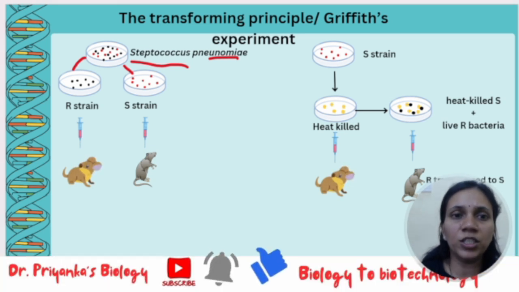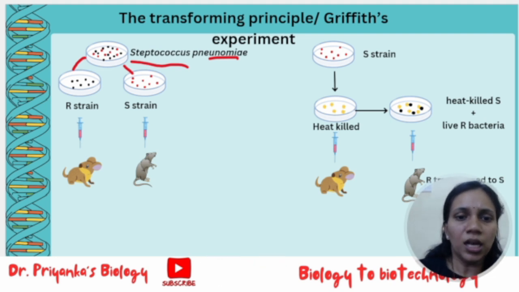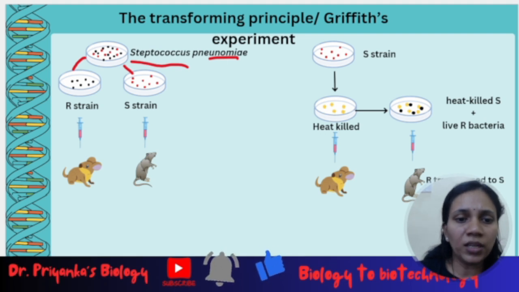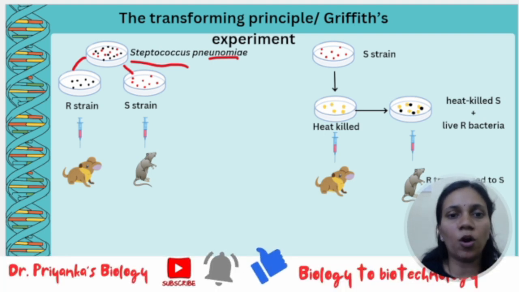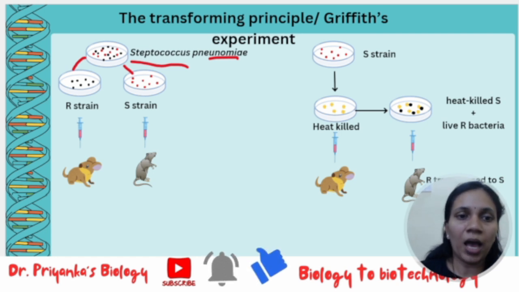What is the difference between them? They were very closely related. The R strain got its name because of its rough surface, and the smooth one had a smooth surface.